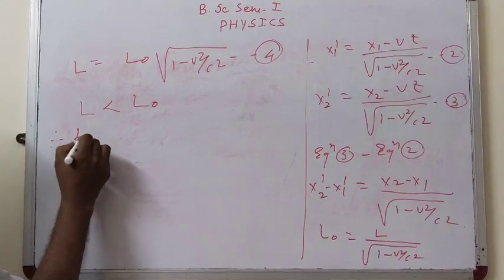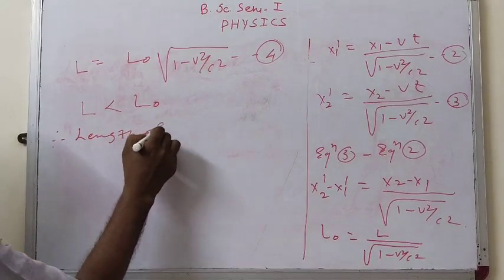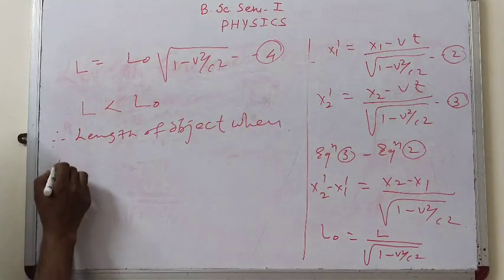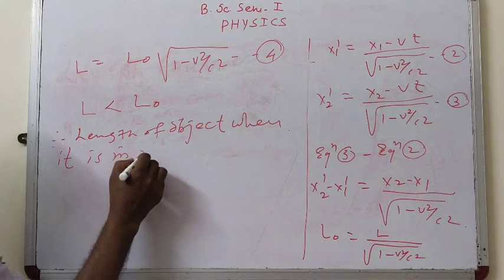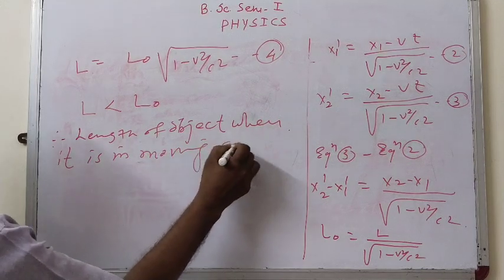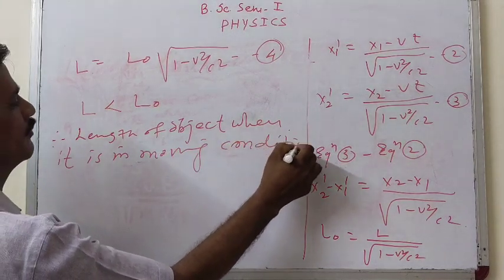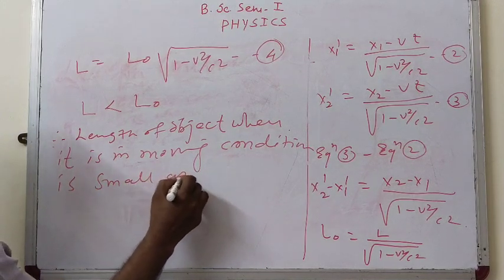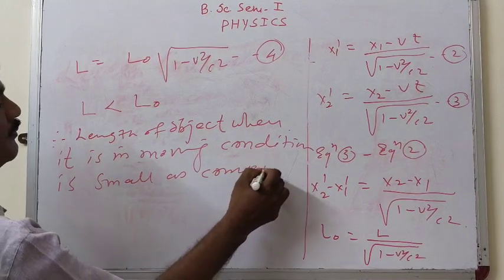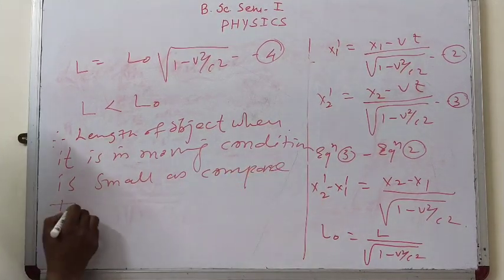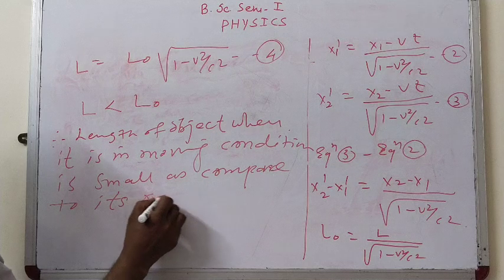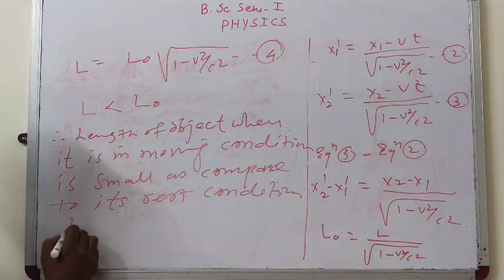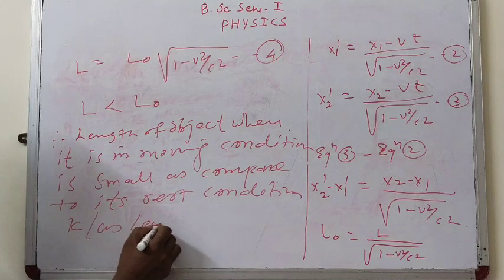Therefore, the length of an object when it is in moving condition is small as compared to its rest condition, called length contraction.